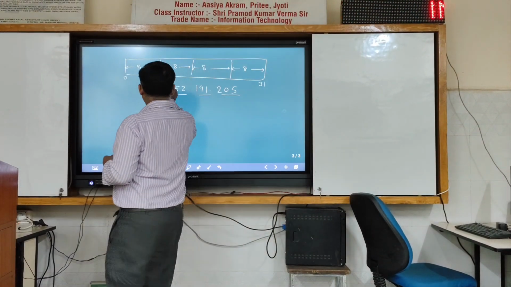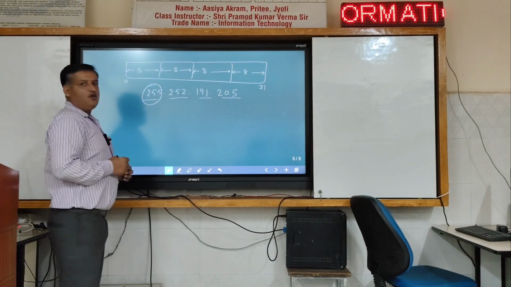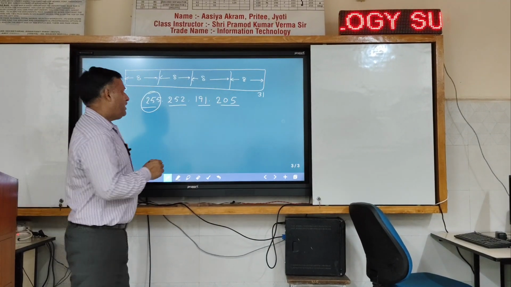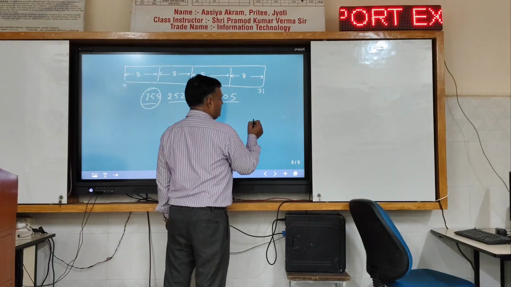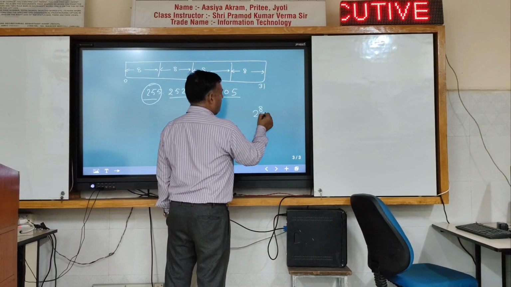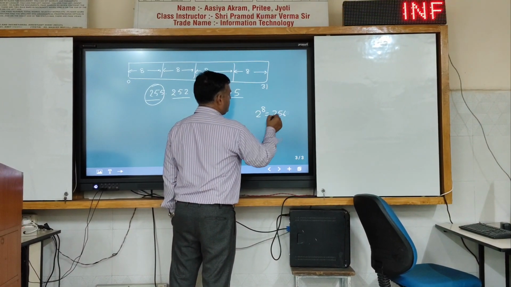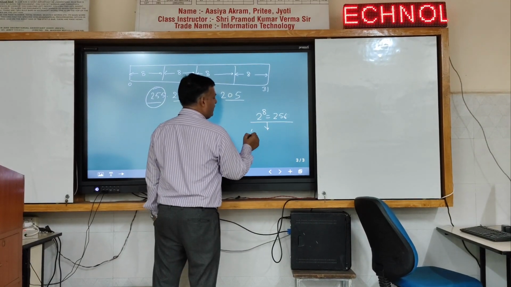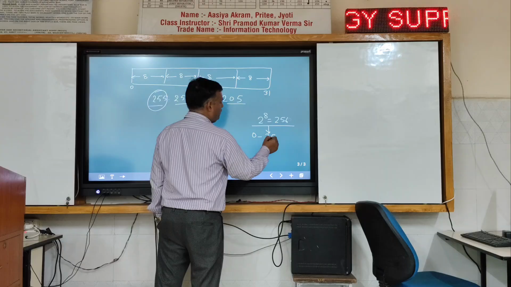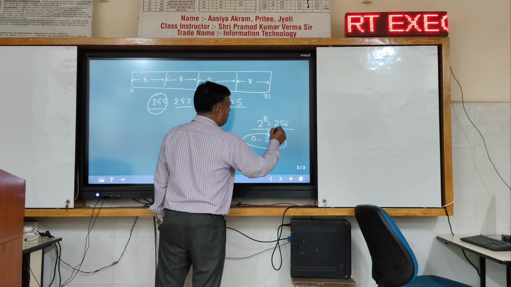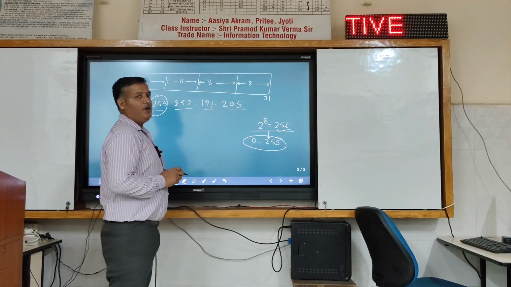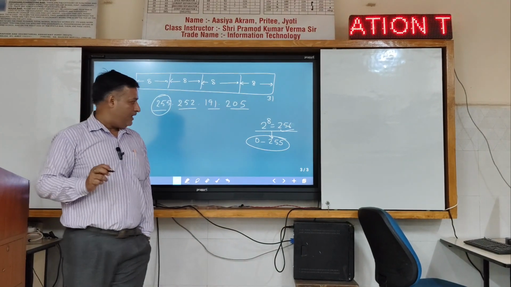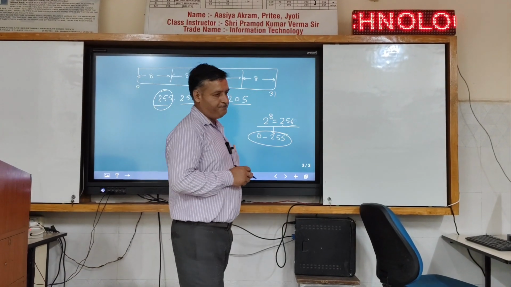Why am I saying that each number is not more than 255, that the maximum limit is 255? Because using an 8-bit system, 2 raised to the power 8 means 256 combinations can be there, starting from 0 and ending at 255.